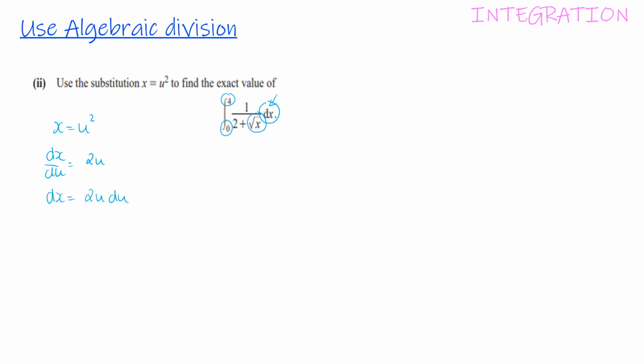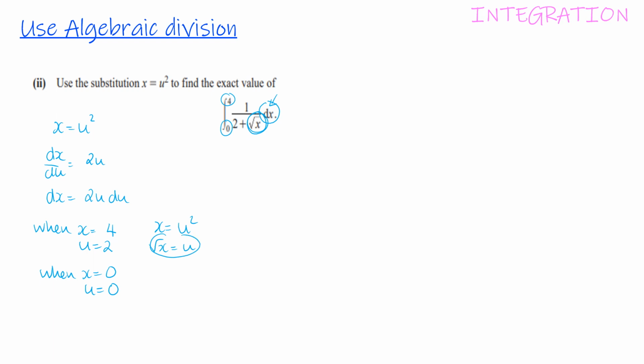Next I'll do the limits. When x is equal to 4, if x is u squared, then root x is u, so all I need to do is root 4, so u equals 2. When x is equal to 0, u is also 0, and then this root x here is just u.